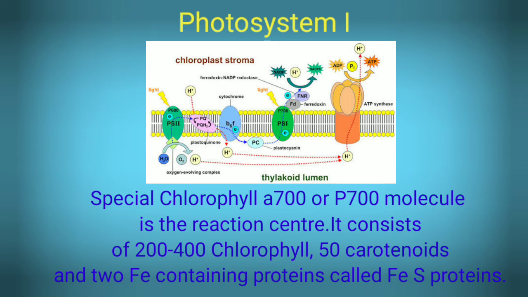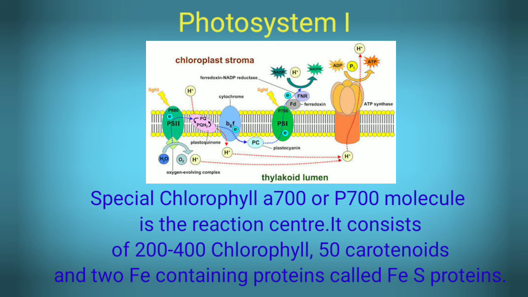Besides this P700, the special chlorophyll molecule, PS1 consists of other chlorophyll molecules as well, such as 200 to 400 other chlorophyll A and chlorophyll B molecules, along with carotenoids and xanthophylls, and iron-containing proteins such as the ferrous sulfur protein, ferredoxin.